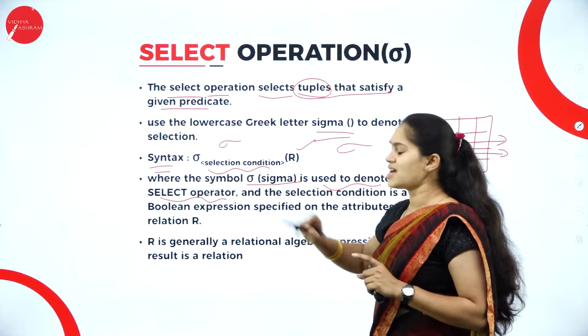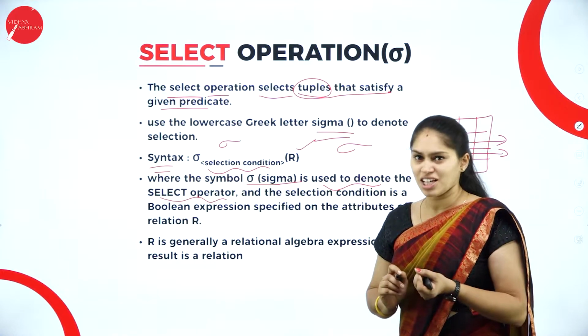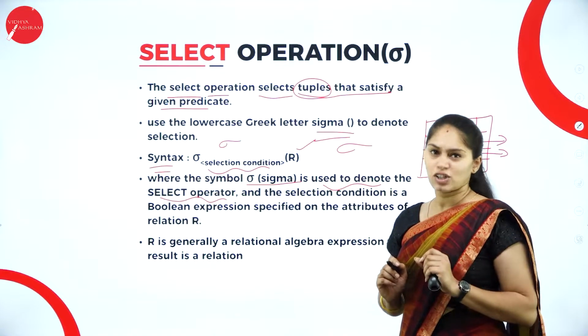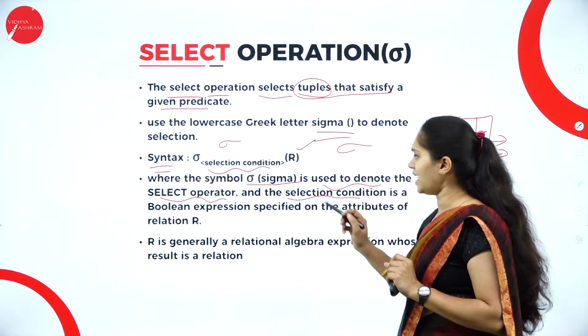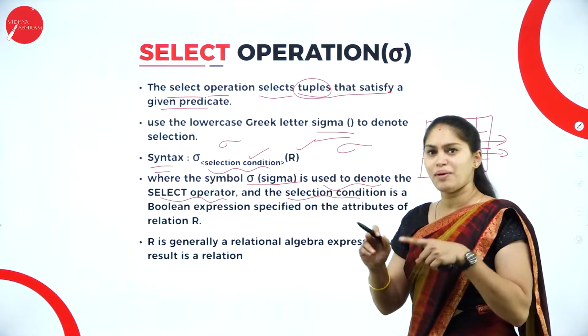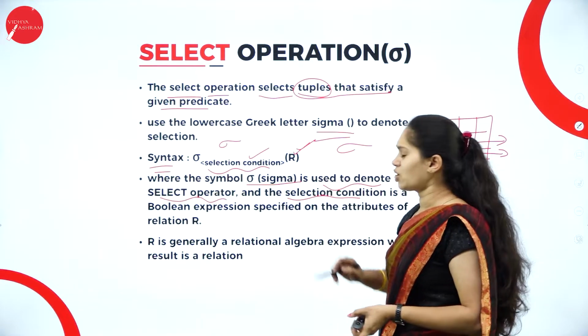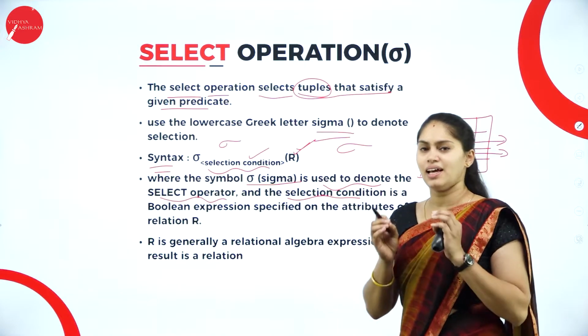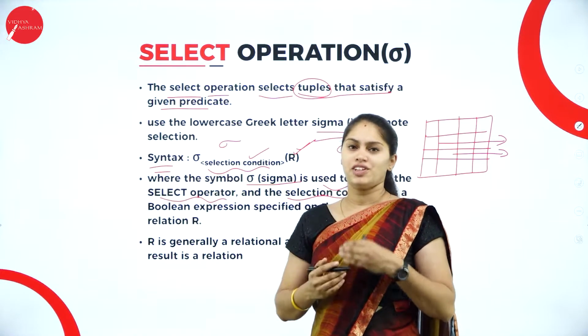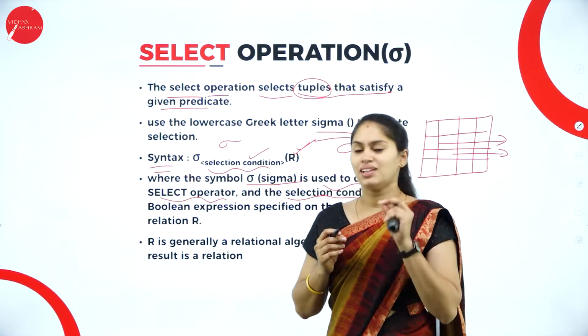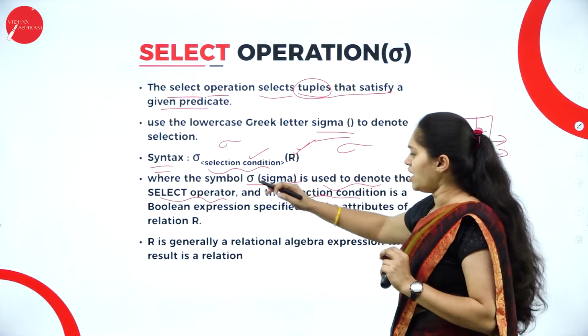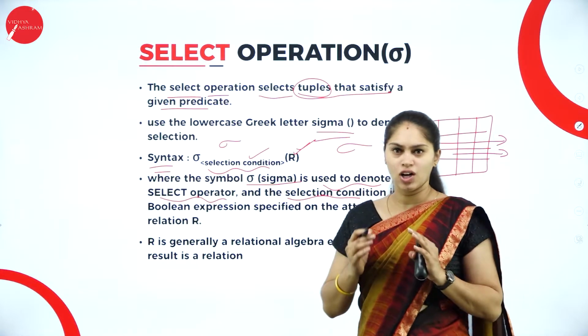We use this sigma operator to specify that we are performing the select operation, and also the selection condition that needs to be satisfied from the relation R. From a particular relation or table, we are fetching the row or the tuple. For that reason, we have this select operation.